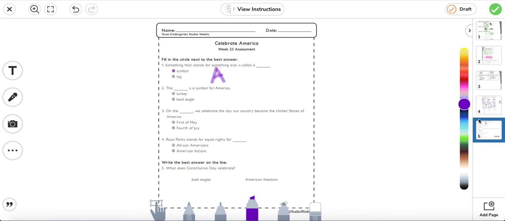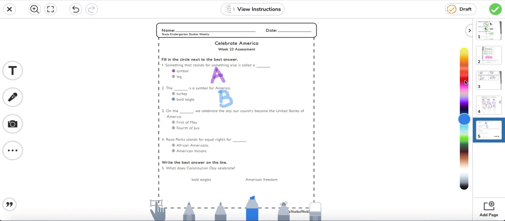Number 2. The blank is a symbol for America. So what represents America? Is it A, turkey, or B, bald eagle? A bald eagle. A bald eagle is a symbol for America.